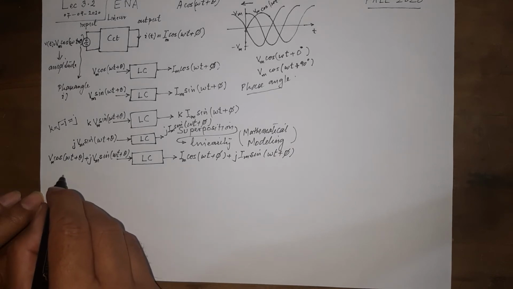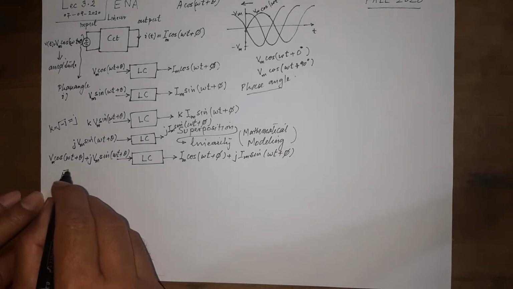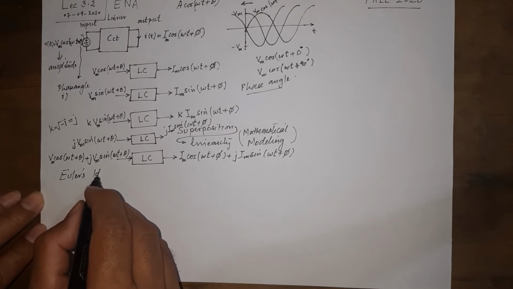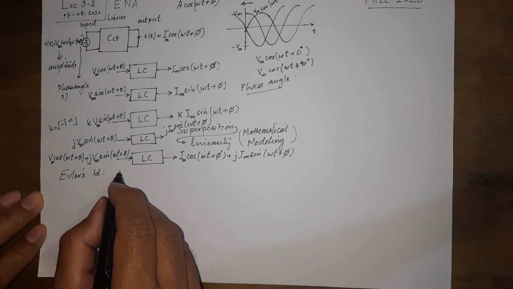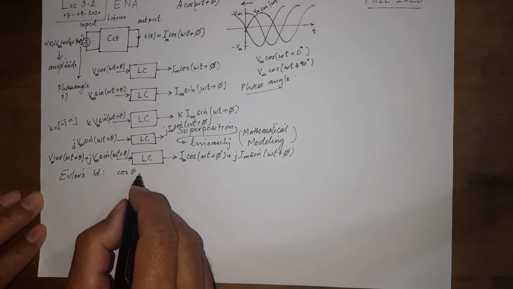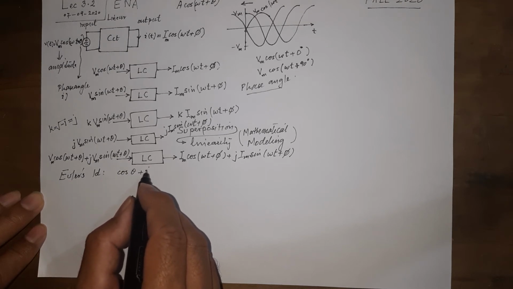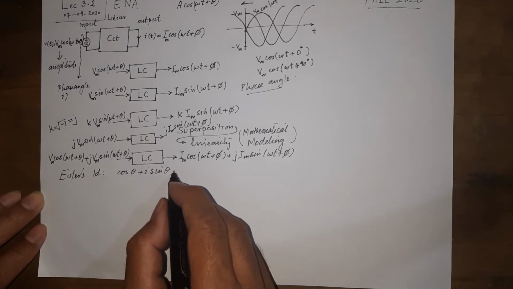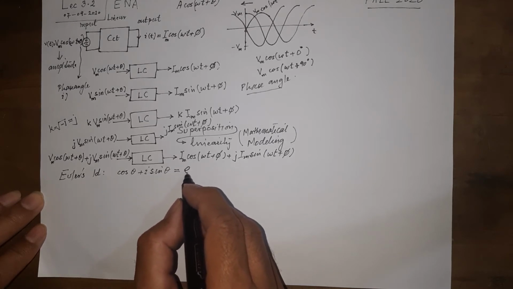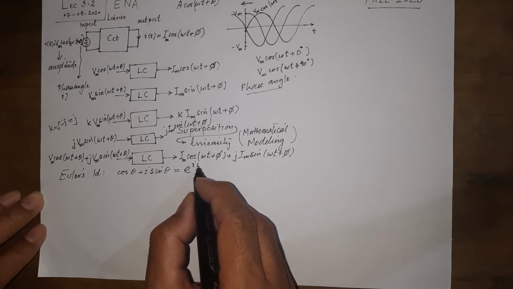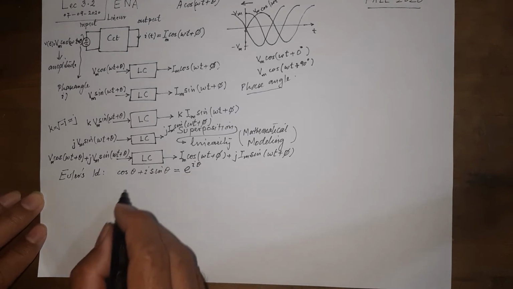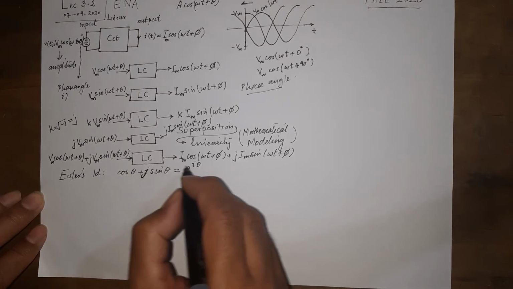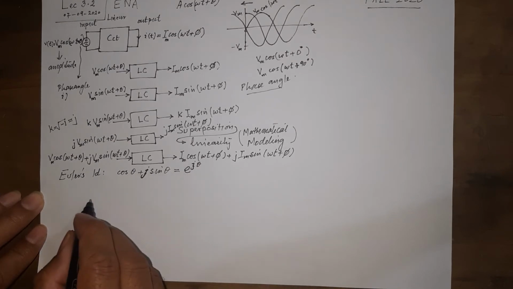I hope you remember Euler's identity, which says that cos of theta plus iota sine of theta is equal to e raised to the power iota theta. This is Euler's identity. For electrical engineering, we use iota as j.